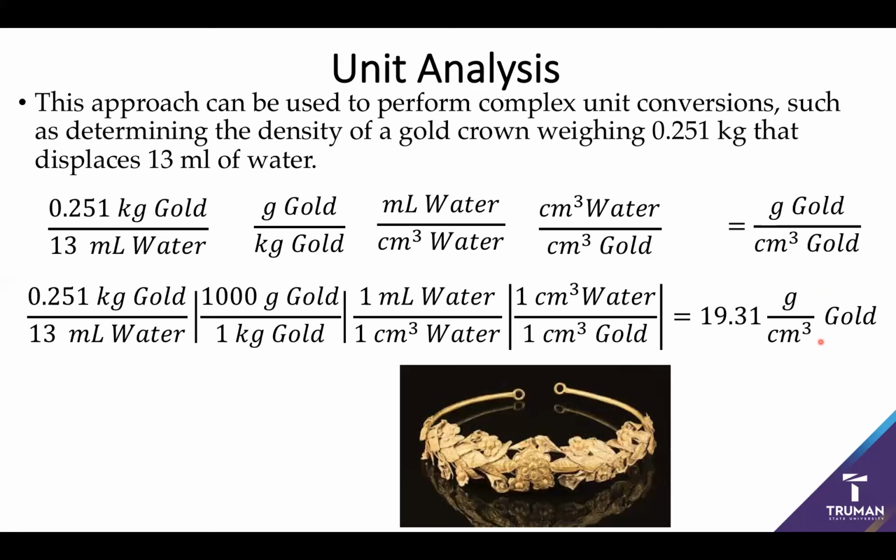But we're not done yet. Now we have to watch out for sig figs. All my conversion factors are whole number conversions, so I don't have to worry about them. But now I have to worry about my starting numbers. The mass of gold has 3 sig figs, but the volume of water has 2. So my final answer has 2 sig figs.